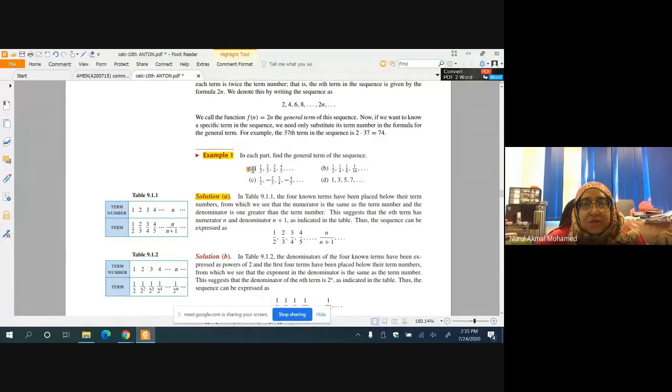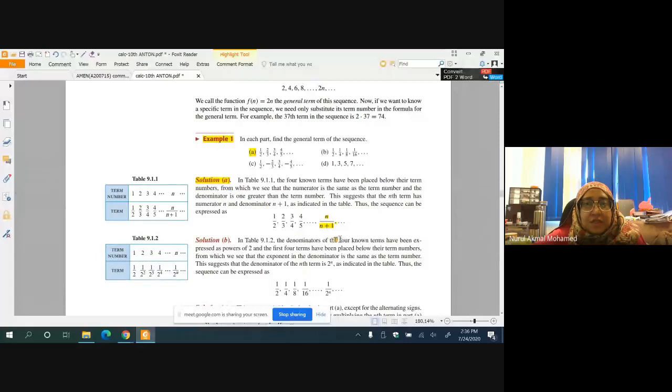From this sequence, we note that the denominator is larger than the numerator by 1. So 1/2, and this is 2/3. So 3 is bigger than 2 by 1, 4 is bigger than 3 by 1, and so on. So the general term is given by n divided by n plus 1. So this is the general term.